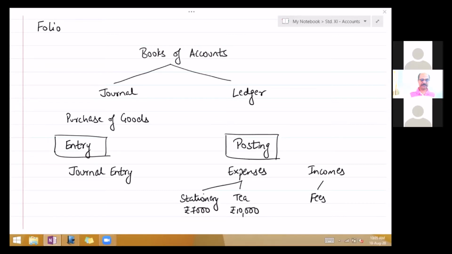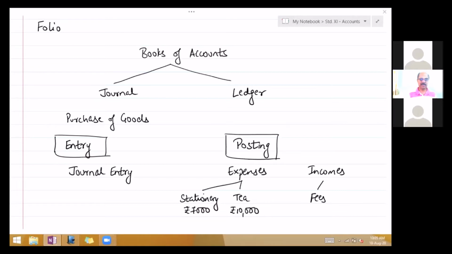After this, since we used the word goods, we discussed the meaning of the word goods. So goods are those articles, those products, in which the businessman deals. Means he buys that and sells that. For example, I told you about a cloth shop.